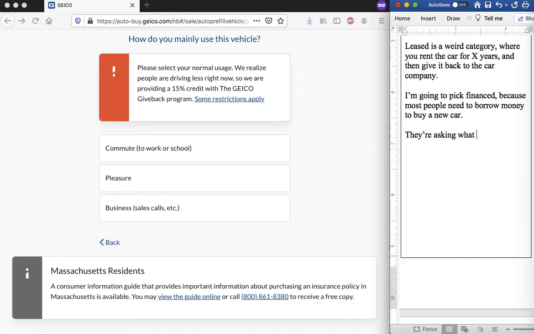They're asking what do you use the car for?